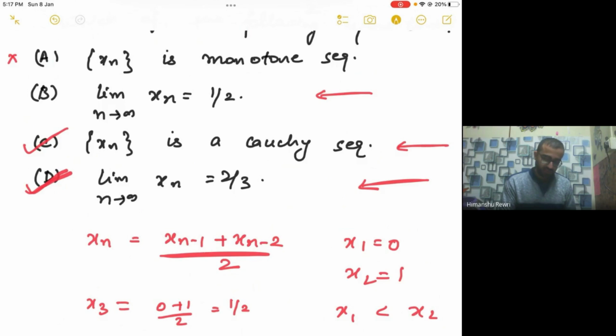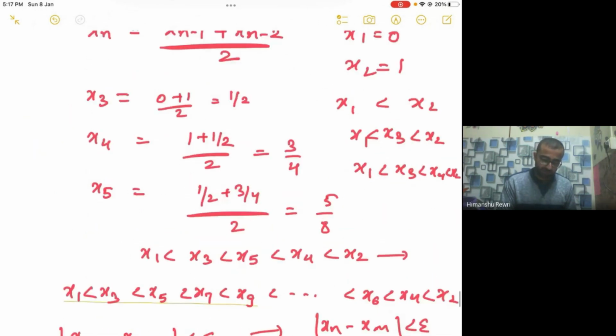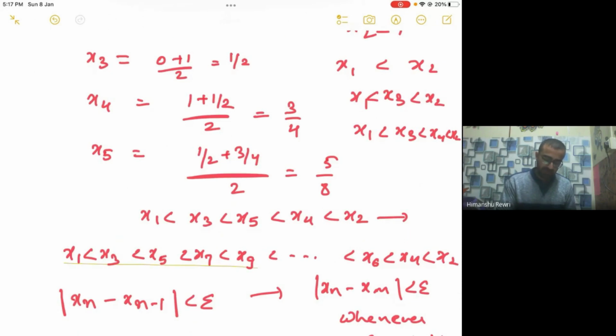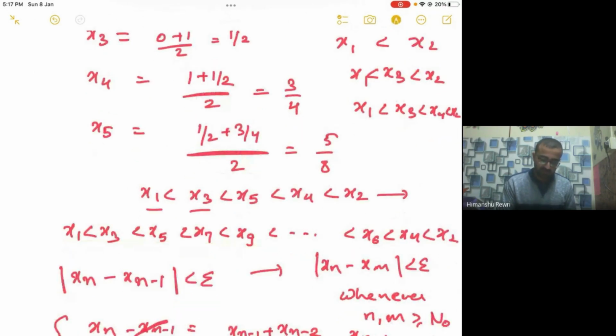So the only thing that remains is that xn is a Cauchy sequence. Let me give you a hint, then do it on your own. Let's see these sequences x1, x3, x5. These are the odd terms, and they are bounded above by x2. Similarly, x2, x4, x6 are monotonic decreasing sequences, bounded below by x1.